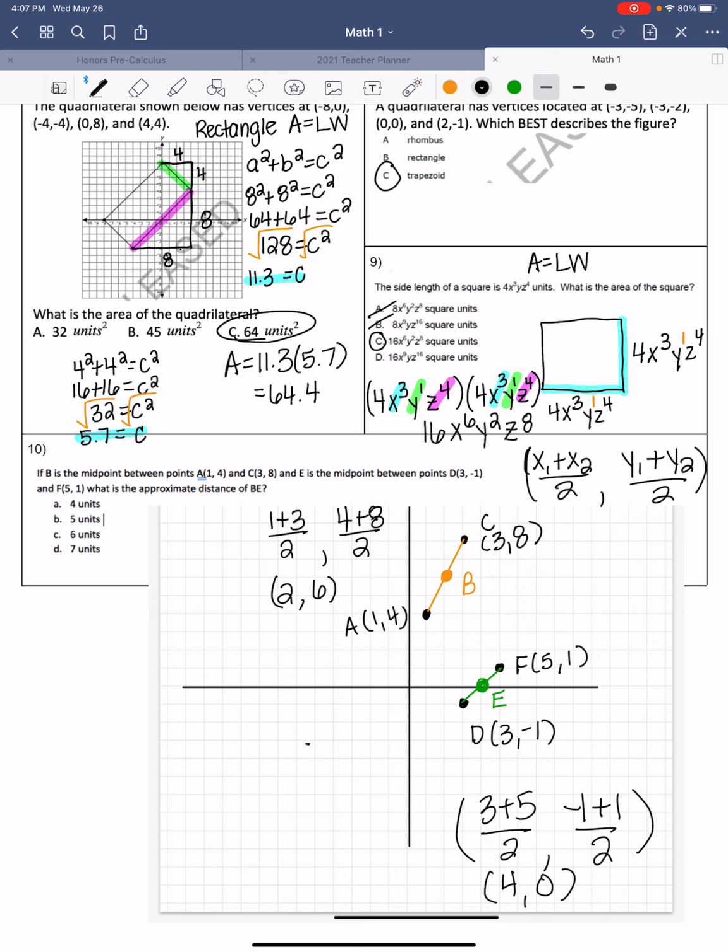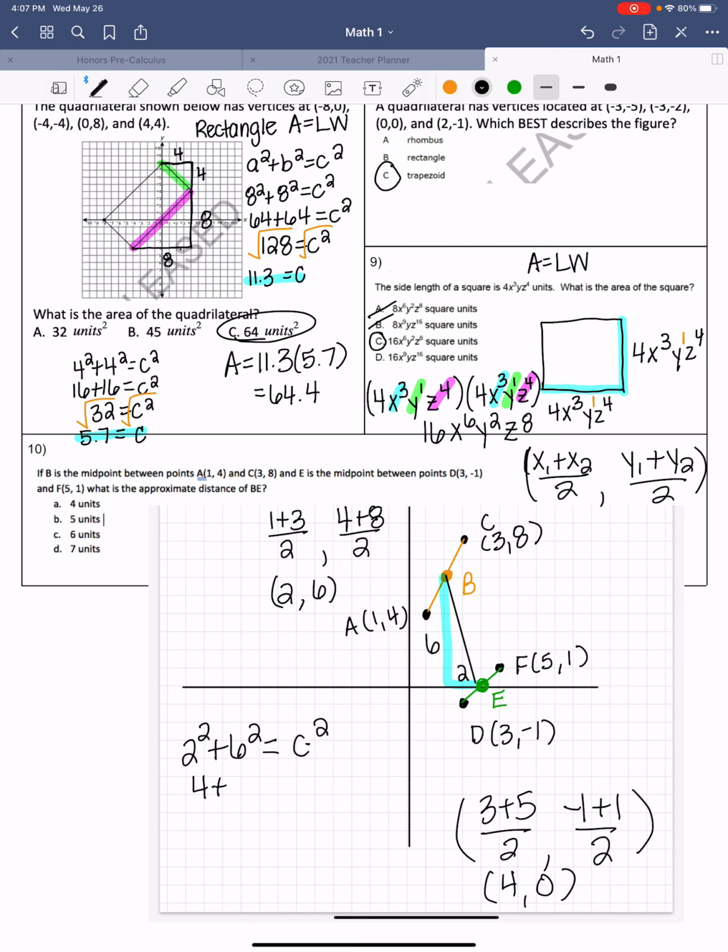So we want to find the distance between B and E. So how are we going to do that? Well, we're going to do Pythagorean theorem. So let's go ahead and set up our right triangle, okay? So in my right triangle, I have 2 on this side and 1, 2, 3, 4, 5, 6 on this side. So we have 2 squared plus 6 squared equals C squared.